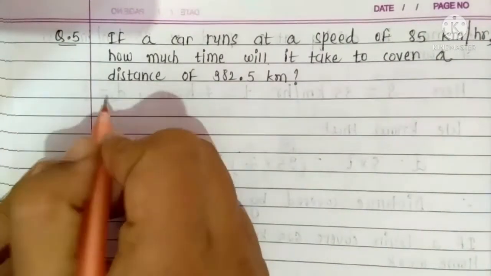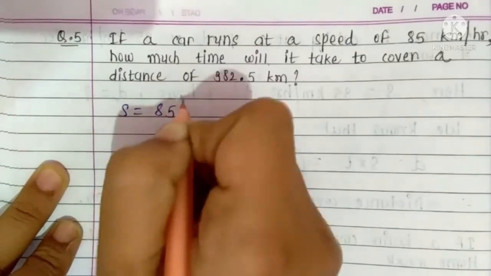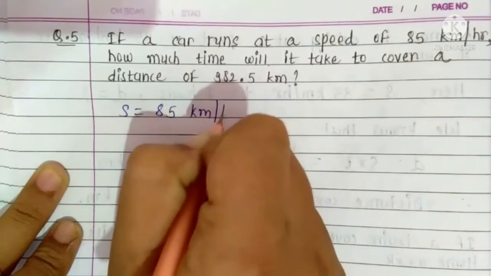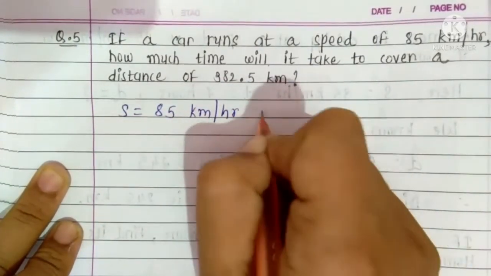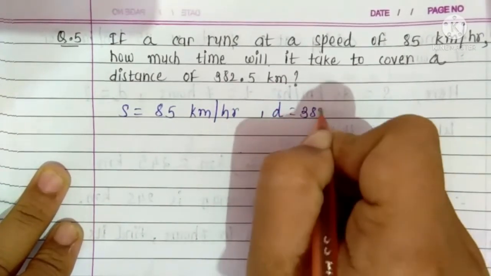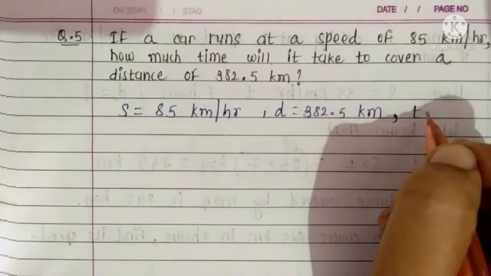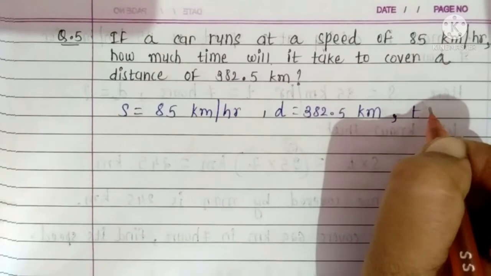हियर गिवन दैट स्पीड s इज इक्वल टू 85 किलोमीटर पर आवर and distance d is equal to 382.5 kilometer, and we want to find time t.